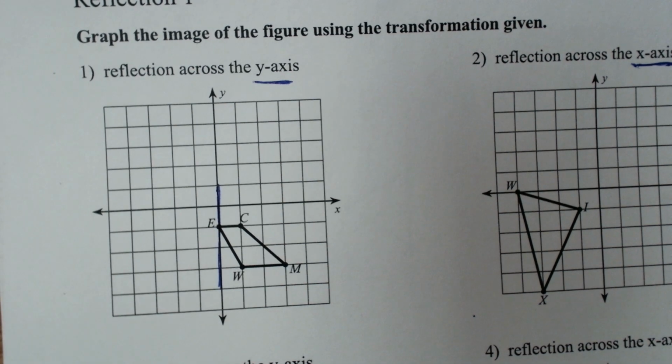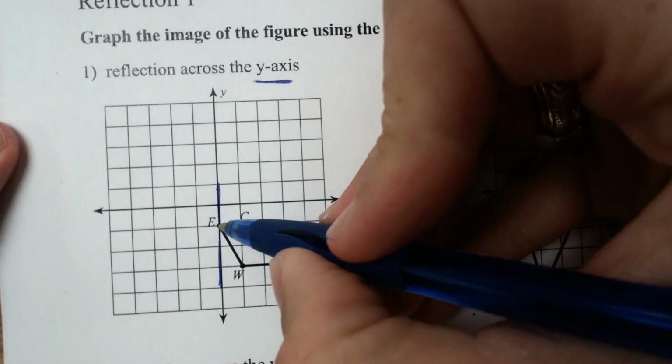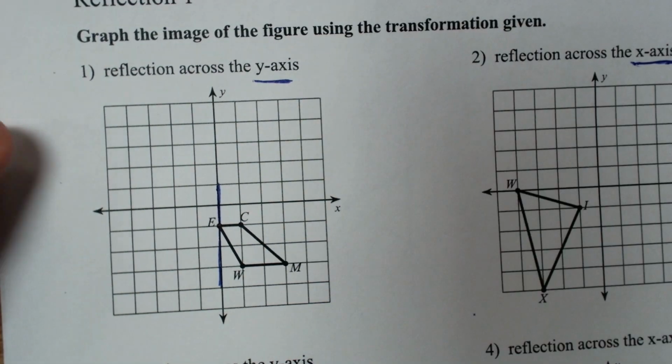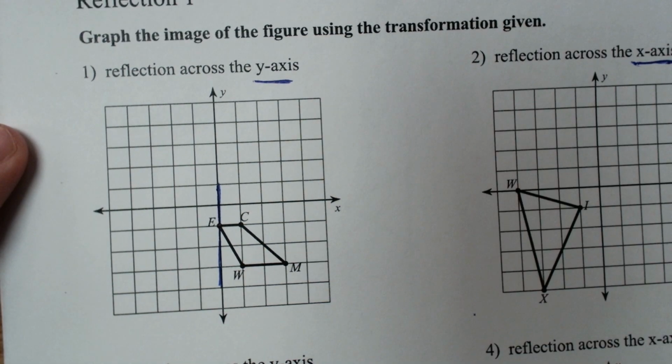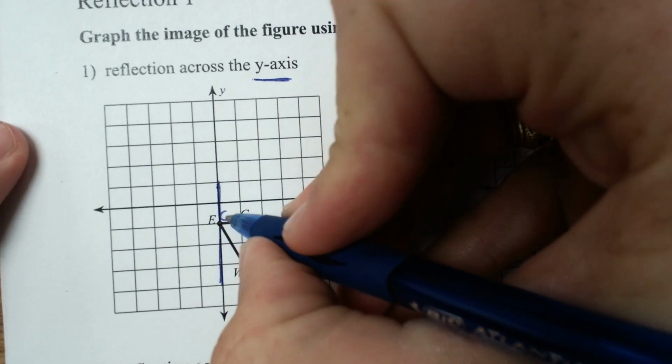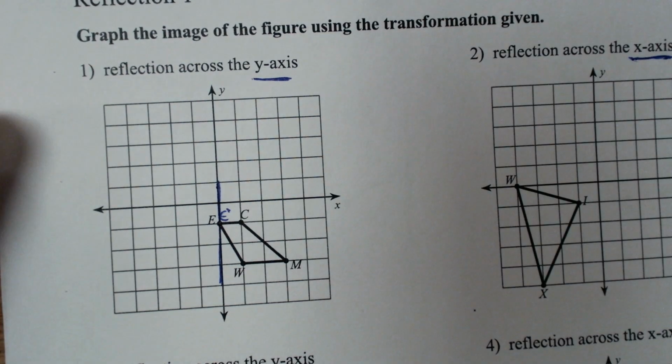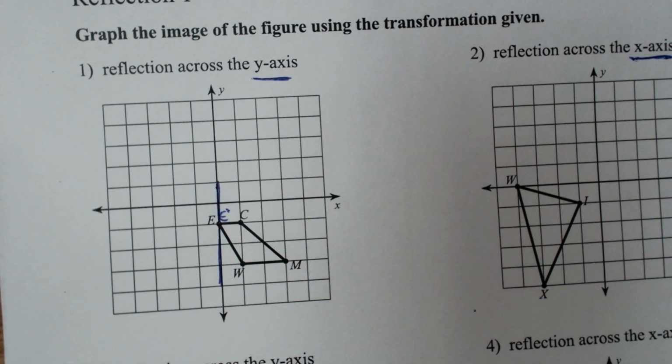Now, when you hold your hand up to a mirror, it is exactly as far away from the mirror on the other side as it is on the front side. So, for instance, E, right here, E will not move. Point E will not move. E and E prime will be the same point because it's right on the line.